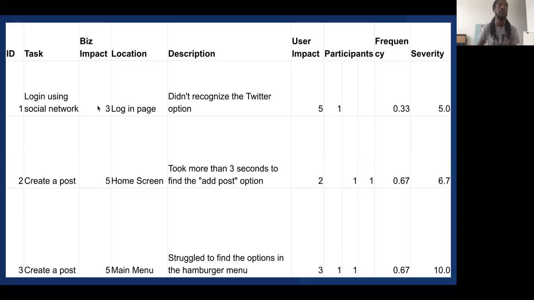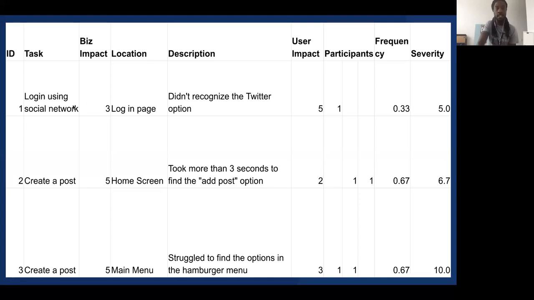Would you mind explaining again how you got the frequency? Yeah. Our frequency here is just the number of times that this issue itself occurred divided by the amount of participants that you had taking this usability test.